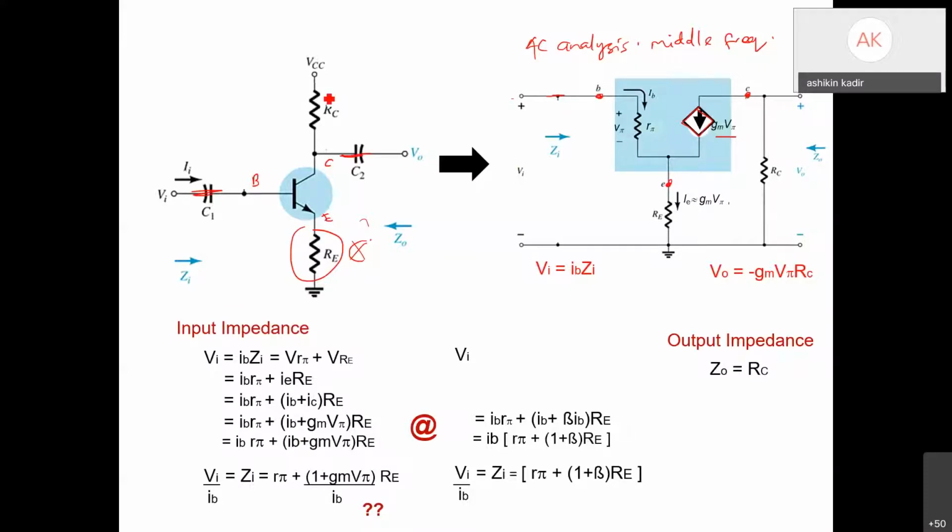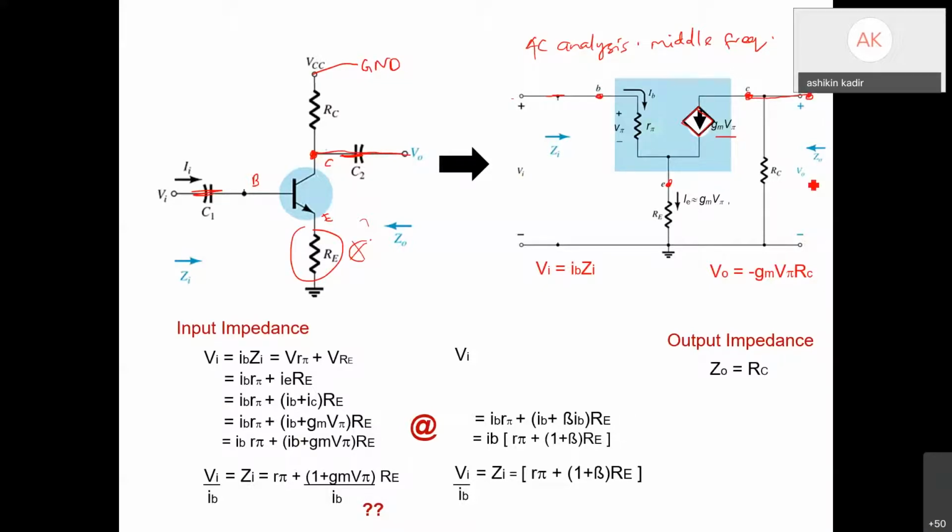VCC you must replace with ground, since this is AC analysis. From the C terminal, it is connected to Vout.